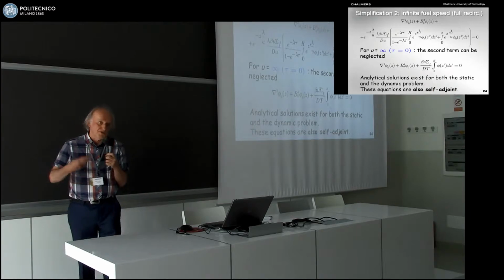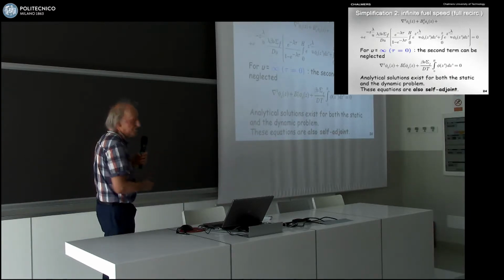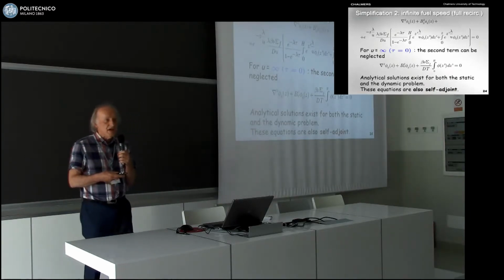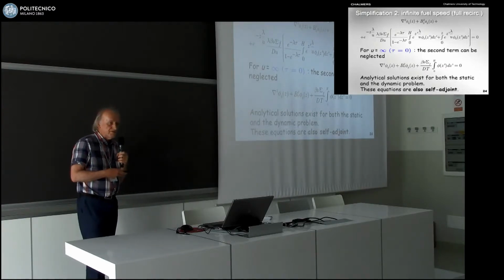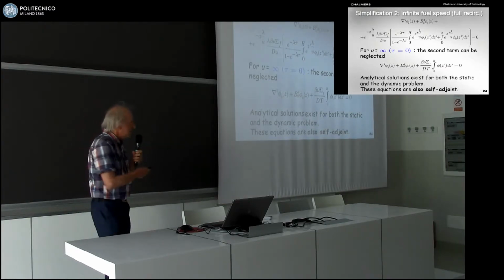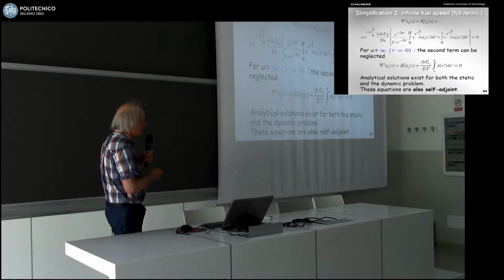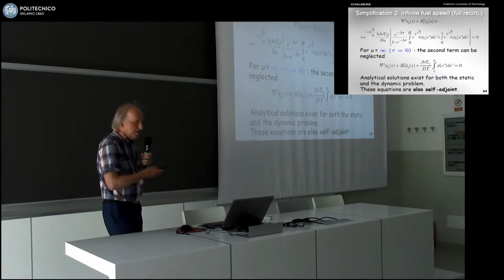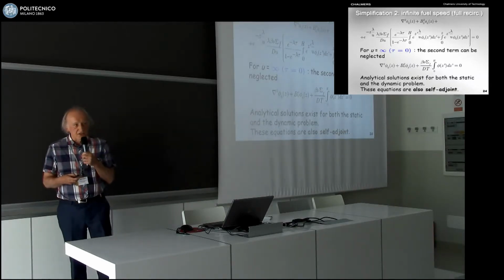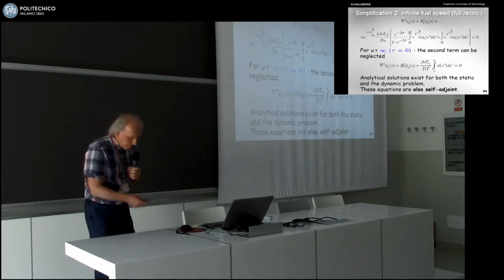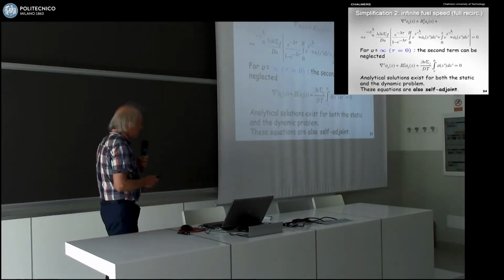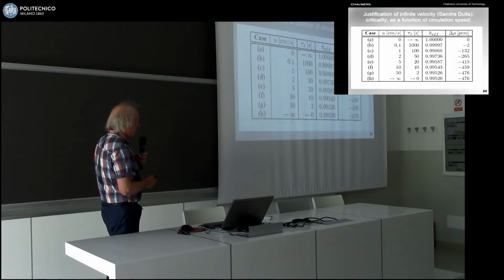Of course, because of the homogeneity of the equation, the whole solution is undetermined up to a certain factor, but it doesn't matter. It's still a constant. That means this equation can be solved very easily, and that is valid even in the dynamic case when we come to the neutron flux and the other things. So that is a very nice toy problem.